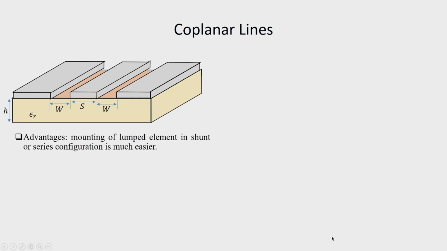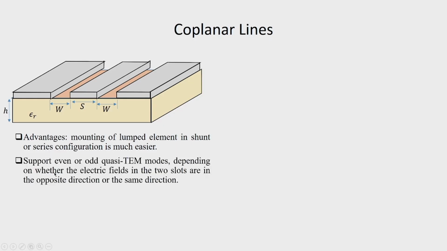So, we can see that here the ground plane and the central conductor are on the same plane, and this configuration has the advantage that mounting of lumped elements in shunt or series configuration becomes much easier.